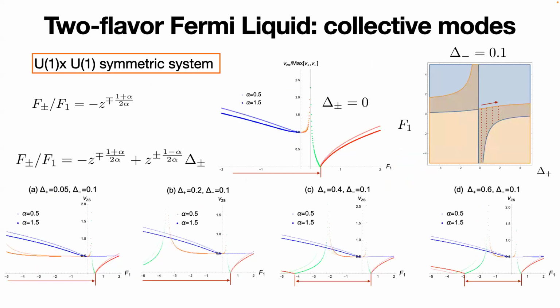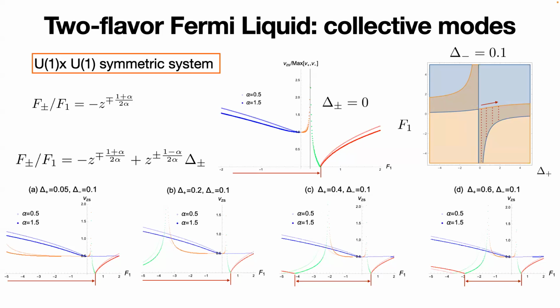And we can study the RG flow of interactions. We can study the collective modes. There are also two collective modes at some particular interaction strengths, and these collective modes can have different behaviors. So this is the numerical result of the collective mode.